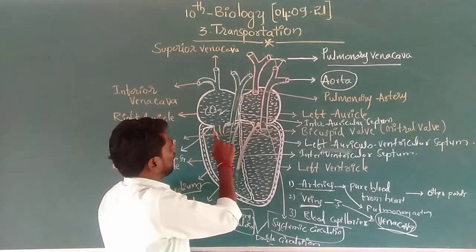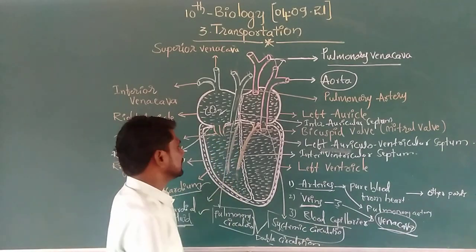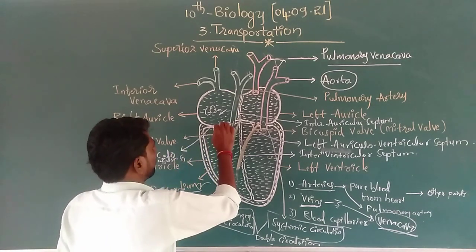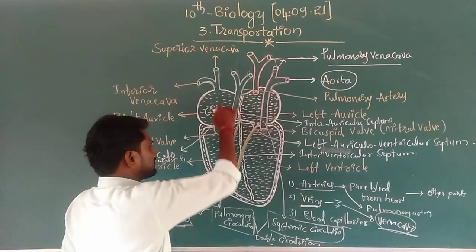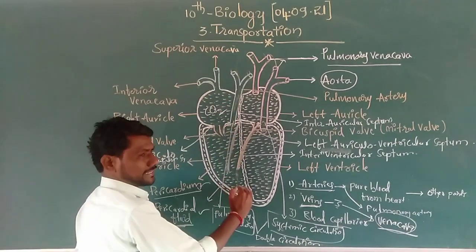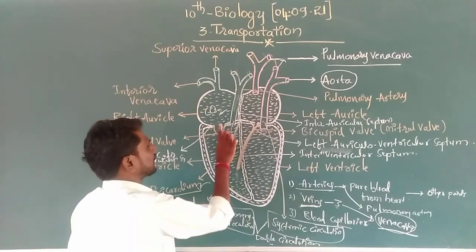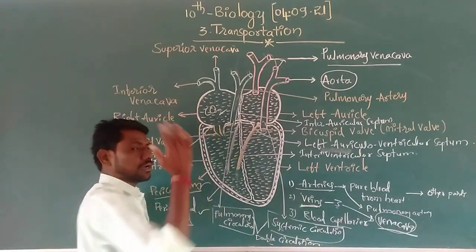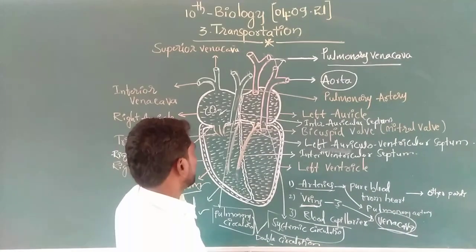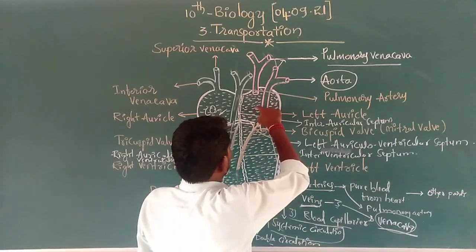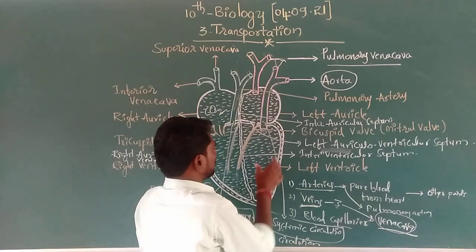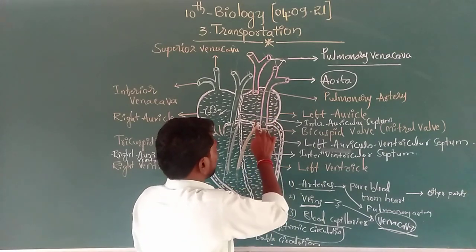Here three flap-like, muscle-like structures are there. These are called the tricuspid valve. This valve allows the blood from the right auricle to the right ventricle, but it does not allow it from the right ventricle to the right auricle, like a cycle tube valve. Next, the pure blood also enters the left ventricle through a valve.